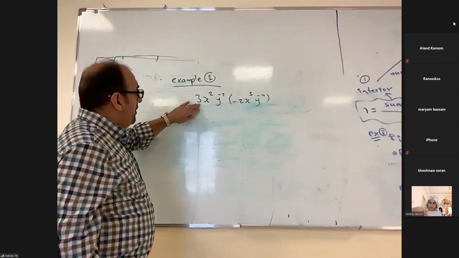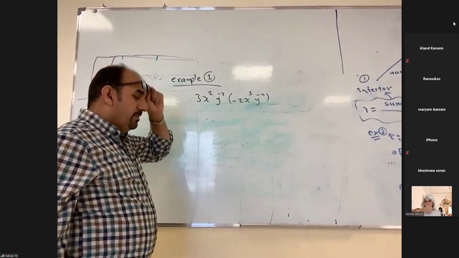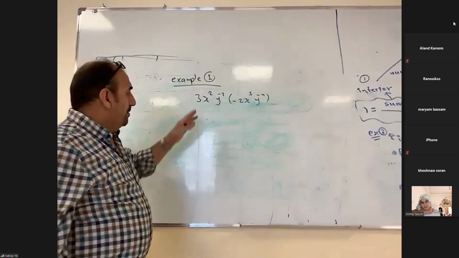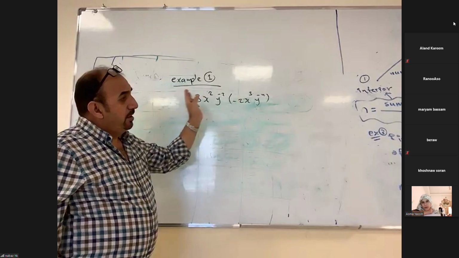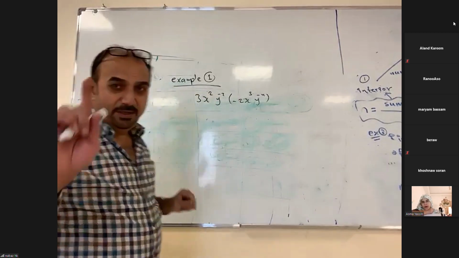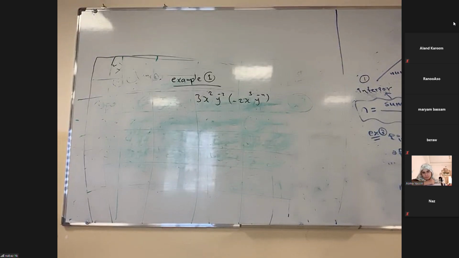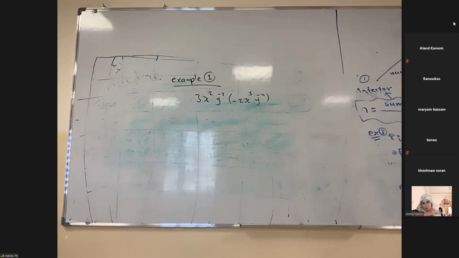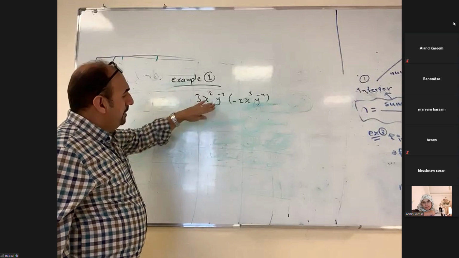This is 3x squared, y to the power minus 2, times minus 2x to the power 3, y to the power minus 4. Let's multiply the variable x by the variable x and y by y.